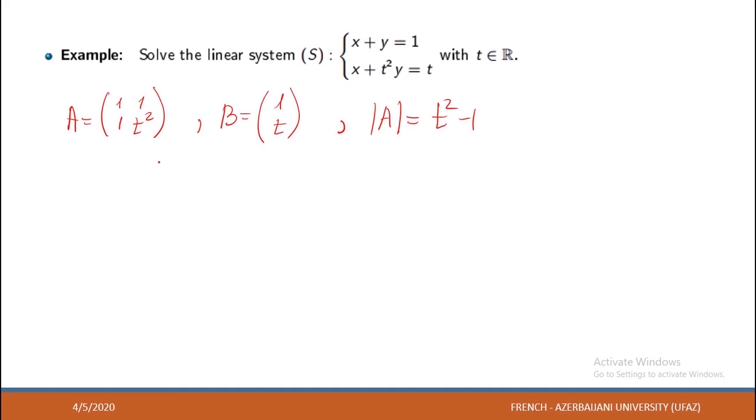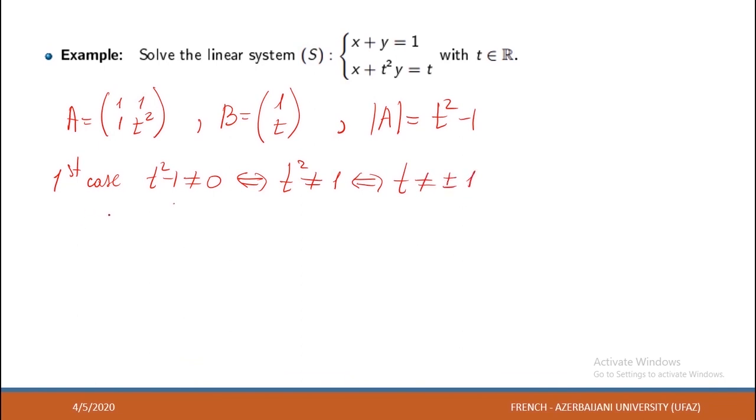First case. Suppose the determinant of A is different from 0. T square minus 1 is different from 0, which is equivalent to T square is different from 1, which is equivalent to T is different from plus or minus 1.